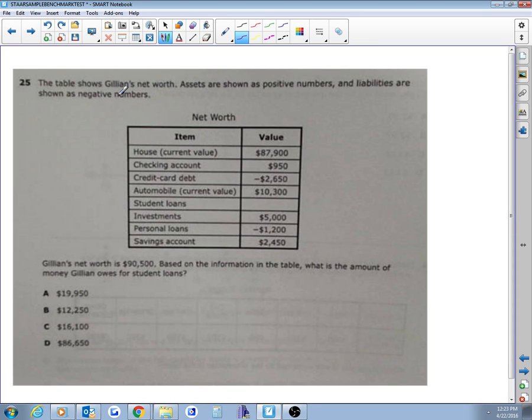Here, the table shows Jillian's net worth. Assets are shown as positive numbers and liabilities are shown as negative numbers. Okay, an asset is what you have, a liability is what you owe. So let's start by adding up the positive numbers: 87,900 plus 950 plus 10,300 plus 5,000 plus 2,450.